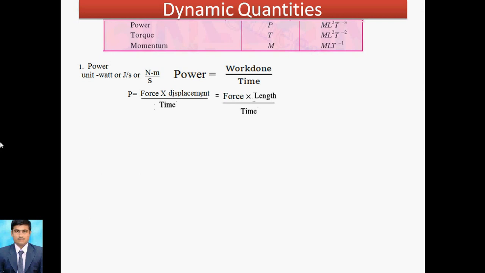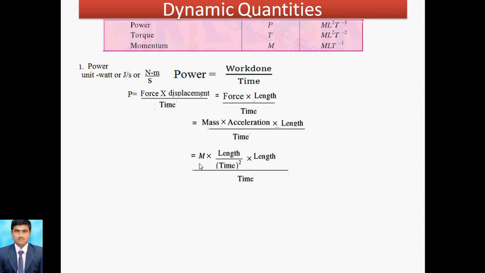Force is nothing but mass into acceleration, so m as it is, acceleration means length upon time square, into this length. So this becomes m L square upon time cube, that is M L^2 T^-3.